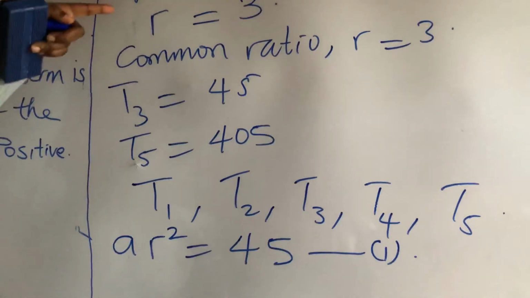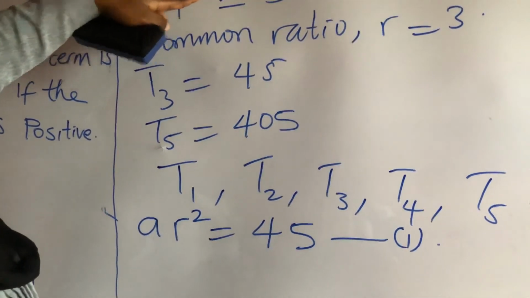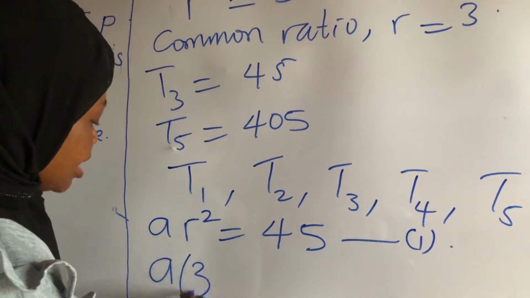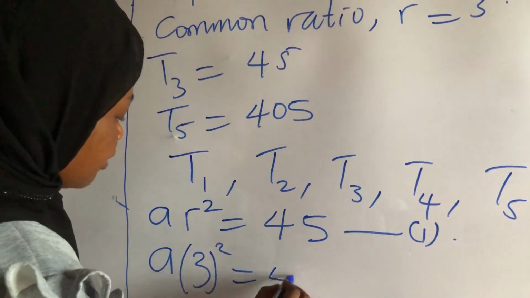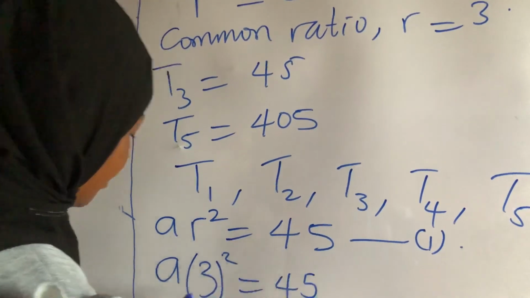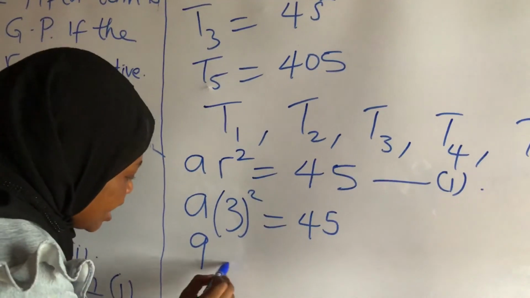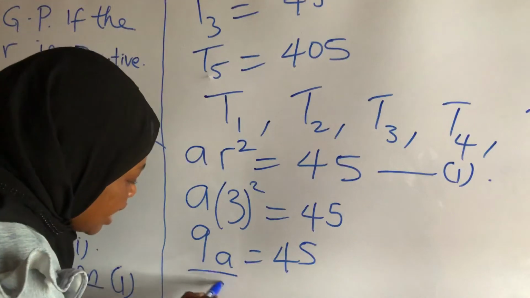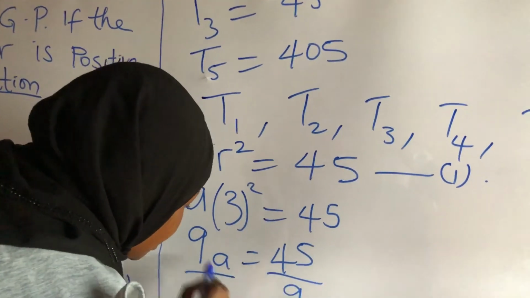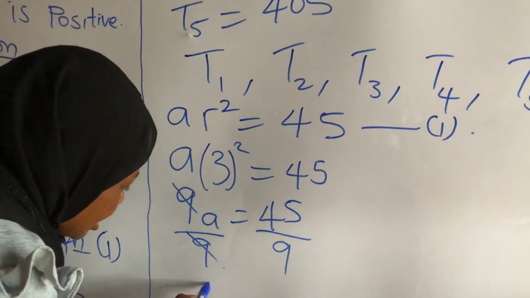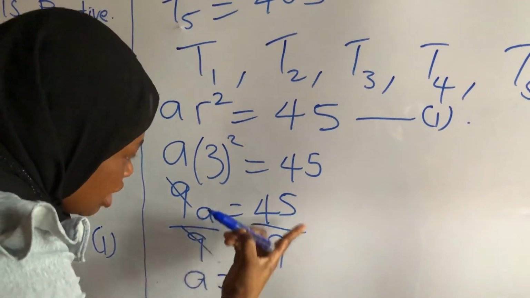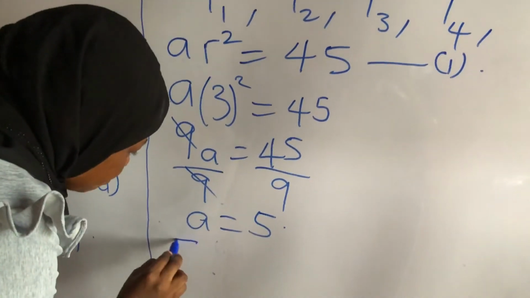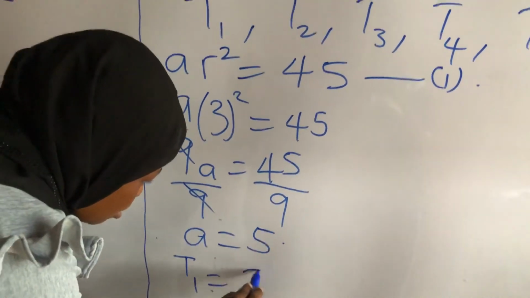Substituting r is equal to 3 into equation 1 gives a multiplied by 3 squared is equal to 45. So we have 9a is equal to 45. So divide both sides by 9. This 9 cancels 9. a is equal to, how many 9 can we get in 45? That is 5. So the first term is equal to 5.